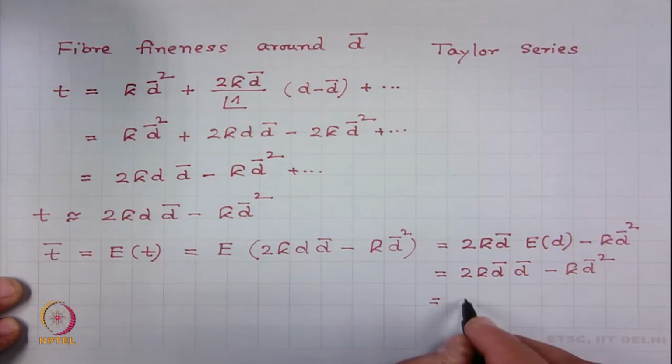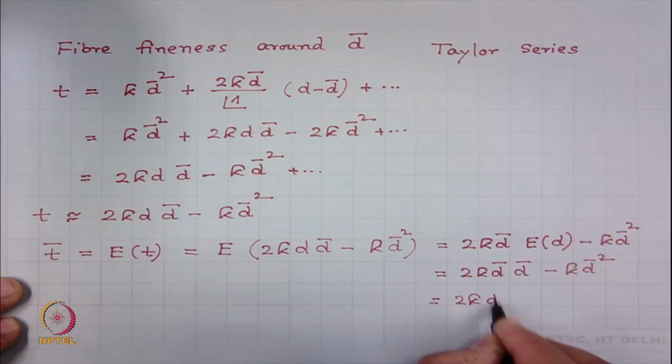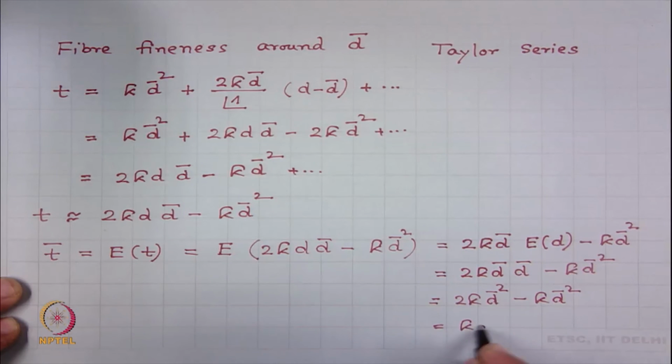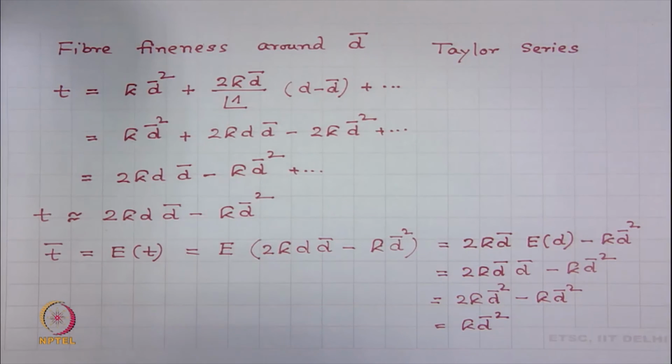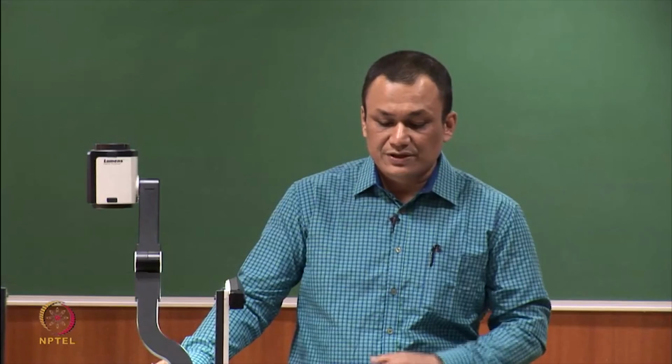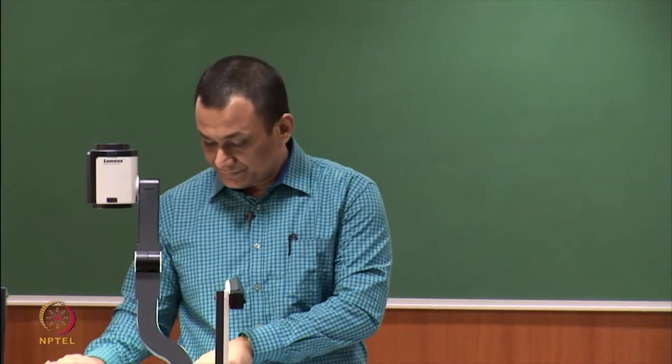So, 2 k d bar squared minus k d bar squared is equal to k d bar squared. So, this is the expression for mean fiber fineness, and what will be the expression for variance?